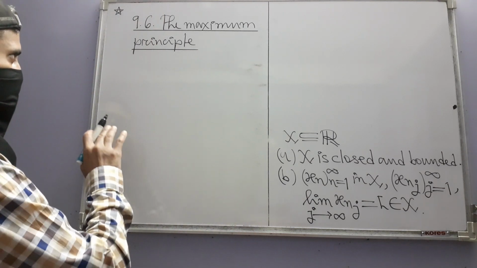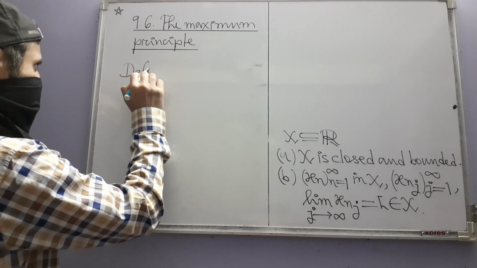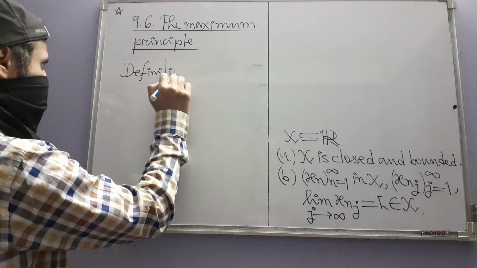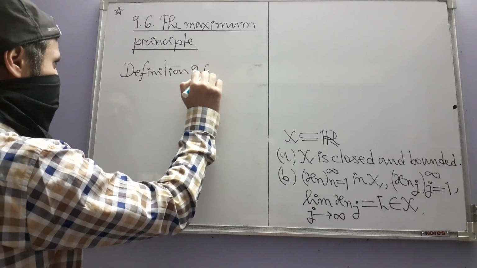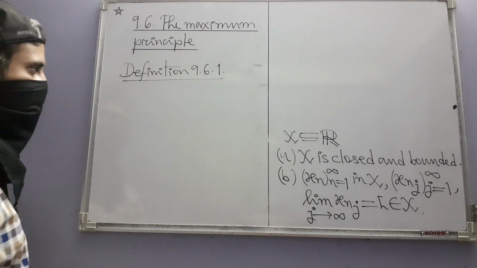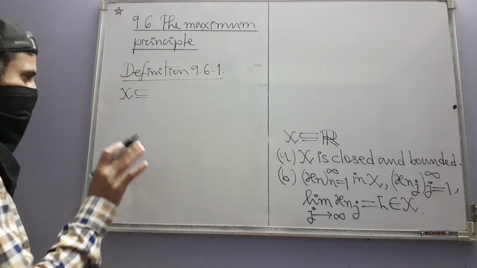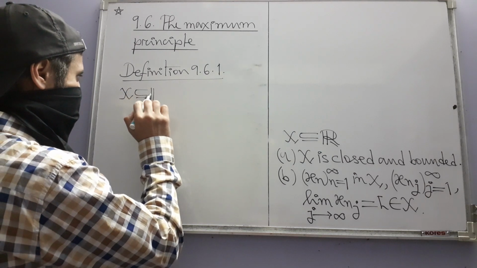Now the section starts off with this definition, the definition of a bounded function. The definition basically says that it has three parts. Let's see what those parts are.